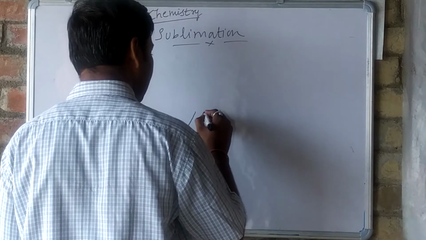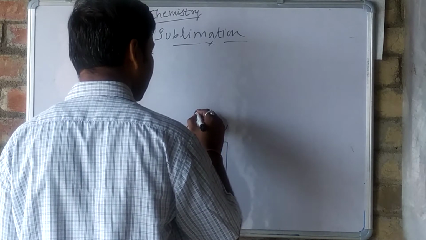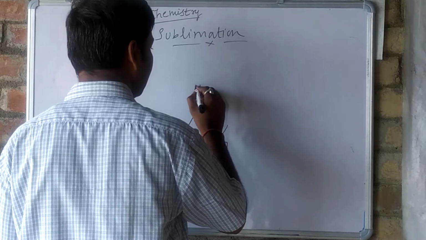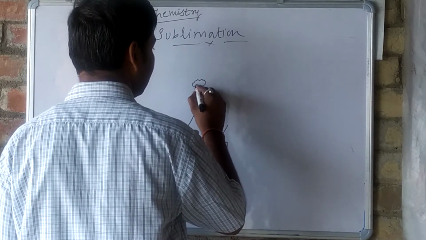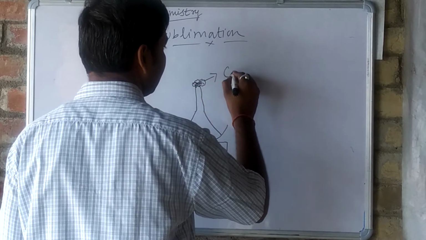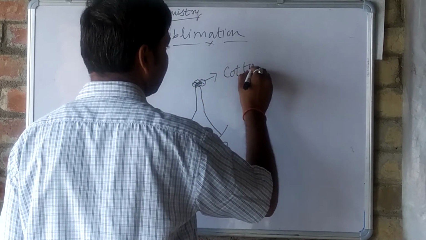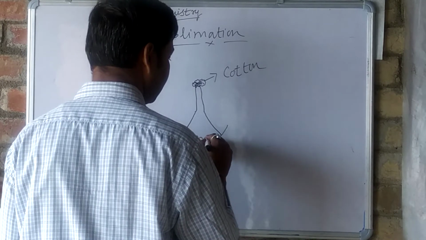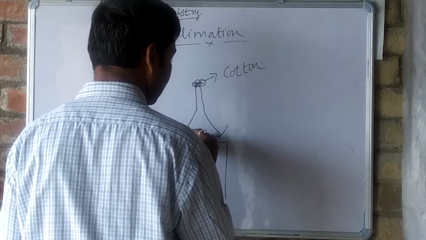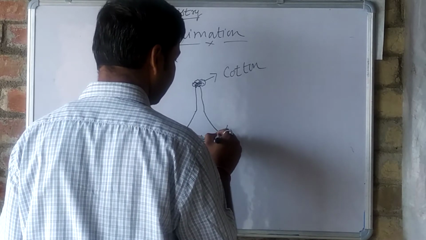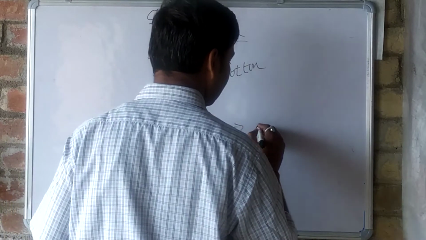On that China dish we will have a funnel placed on its mouth. And that funnel is covered by a cotton. This is a cotton. Here we have some crumbling of solution. So this is the China dish.